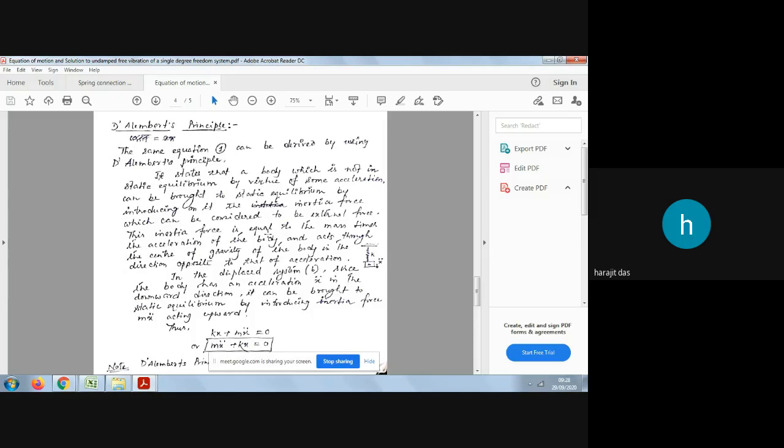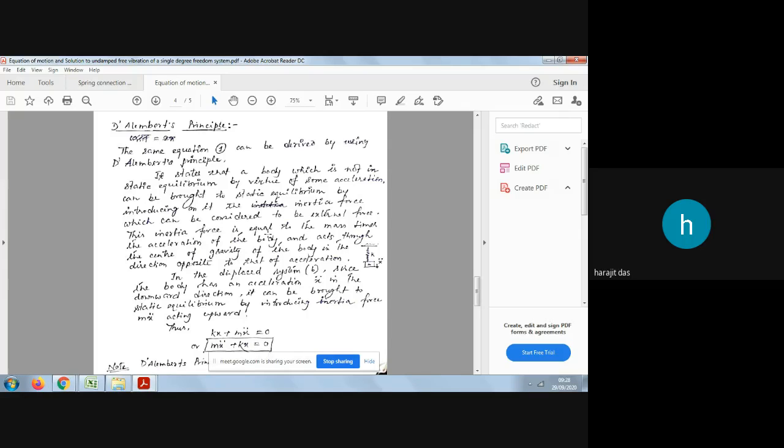So that dynamic system can be set to rest when we apply an external inertia force, which will be equal to mass into acceleration.